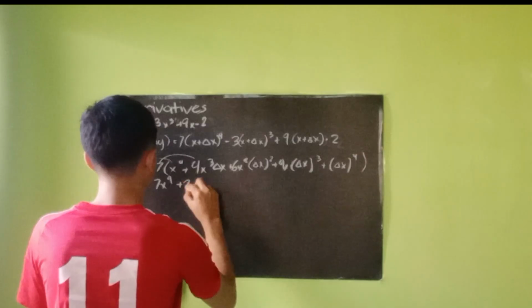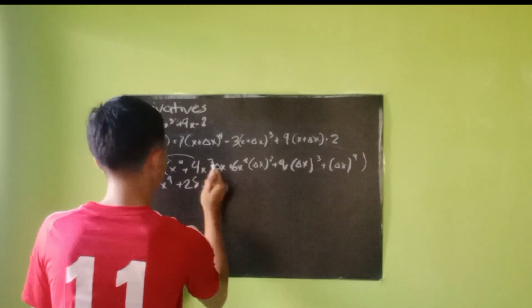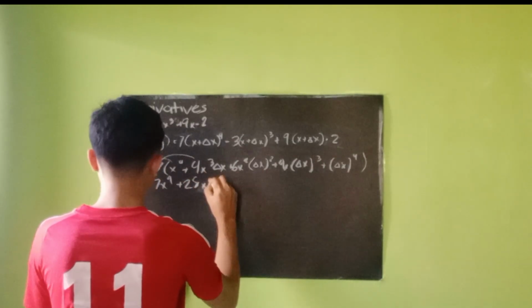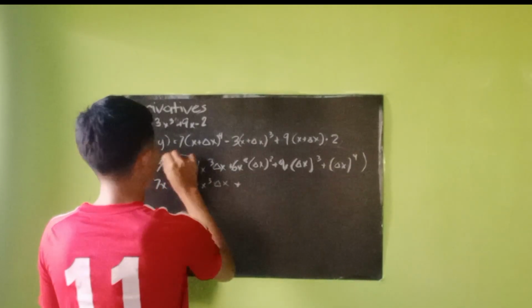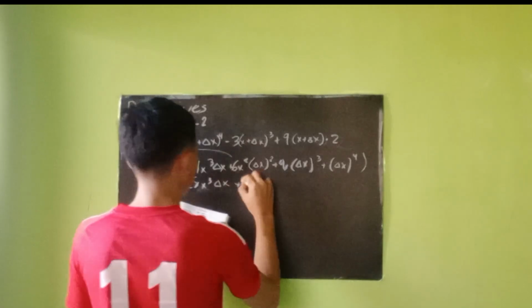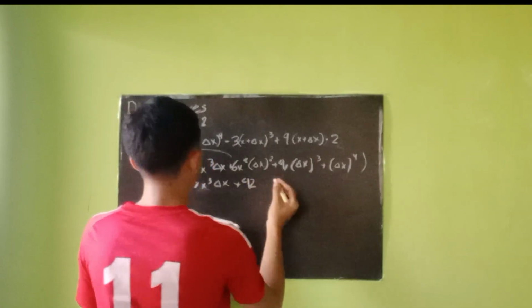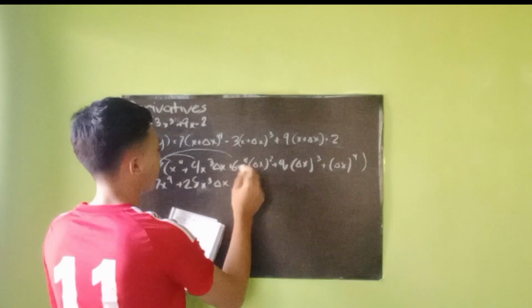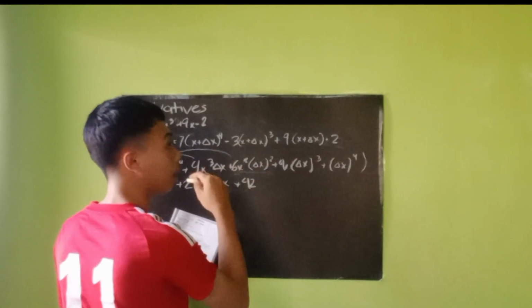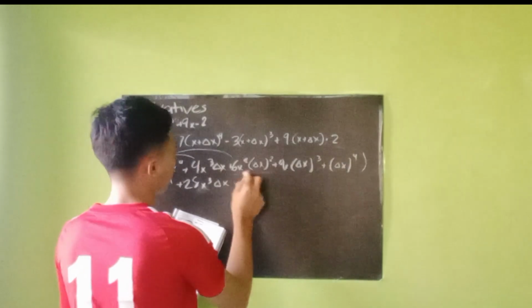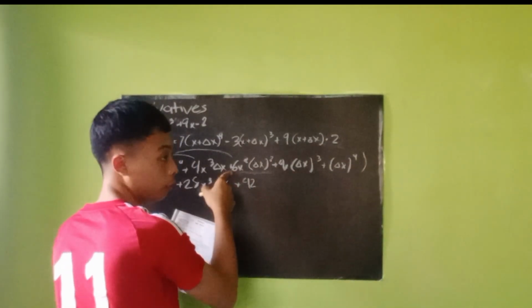So let's write it down: 28x cubed delta x plus 7 times 6, that's 42, and then carry the terms or the variables that are also present with your coefficient.